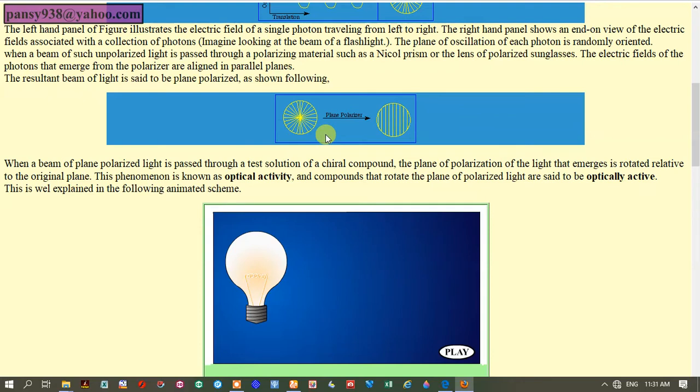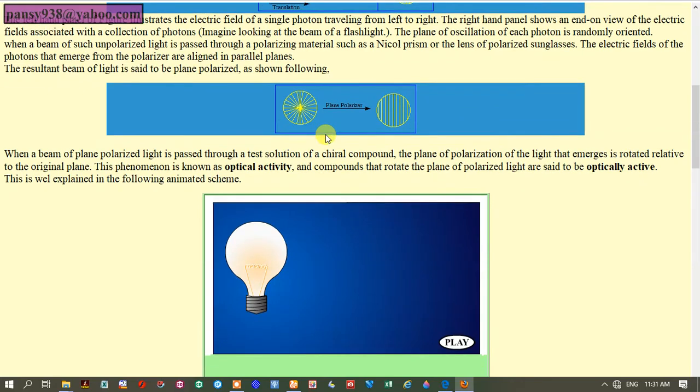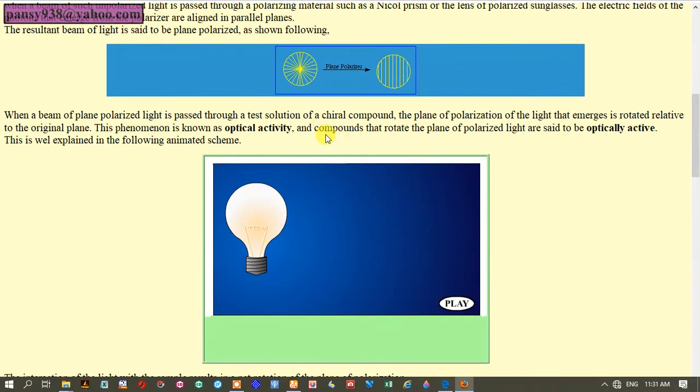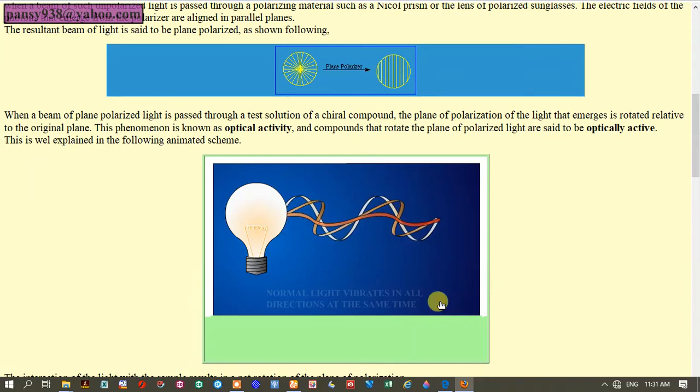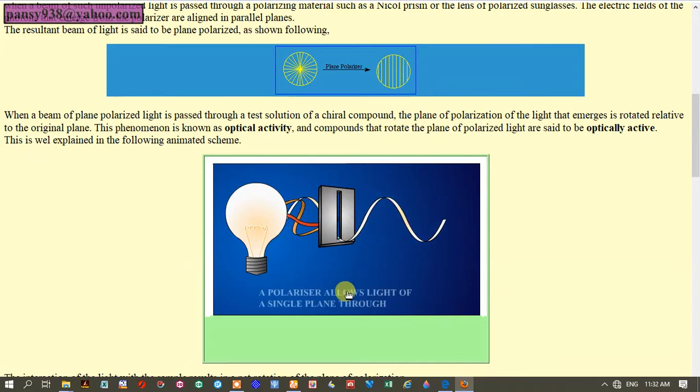This can be further explained by a simple animation. You see that light is emerging from this source in all directions. When a polarizer is placed in its path, it permits only a single direction of light through it.